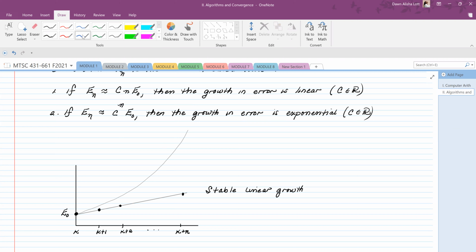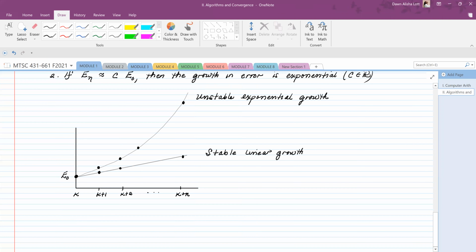So if instead it looks like this, then this is unstable exponential growth. And rather than go through the examples in the book, I'm going to have you look at the two examples that are in the book for linear and exponential growth.